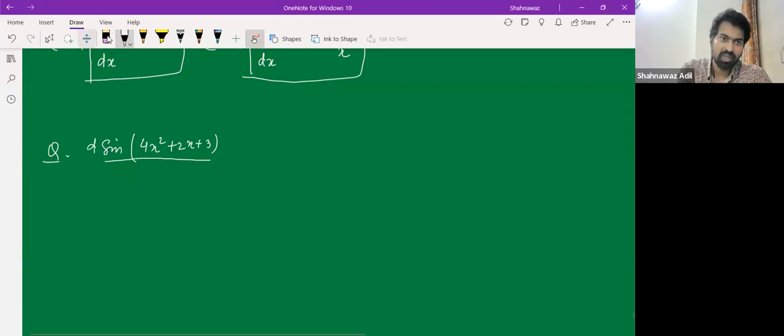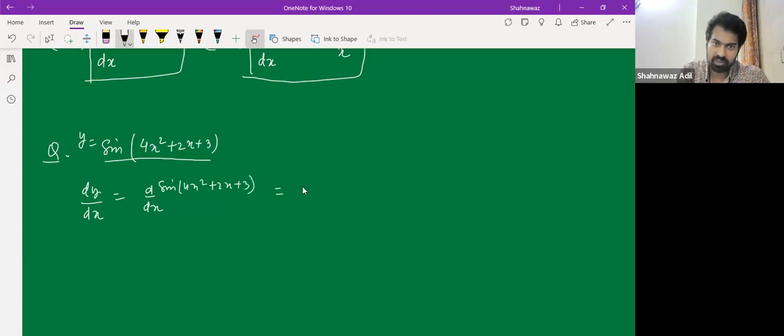So we have to calculate dy by dx. The first function is this trigonometric function, so first we'll calculate the differentiation of it. d by dx of sine of 4x square plus 2x plus 3 would be, as Akif said, simply cos of whatever the inside angle is.